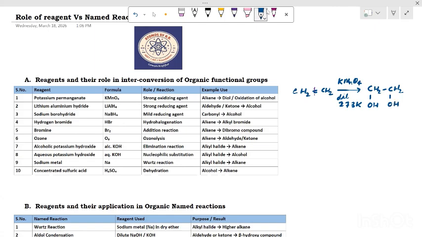So alkenes to diol we can prepare from potassium permanganate.